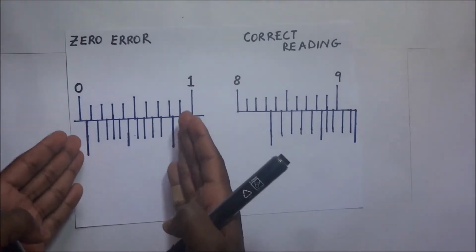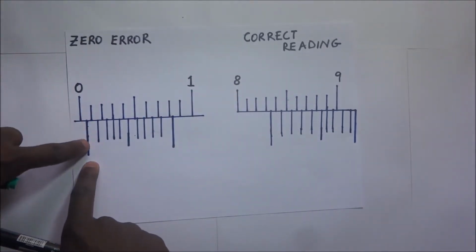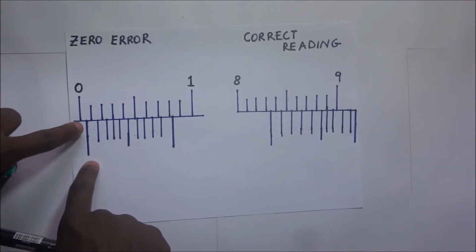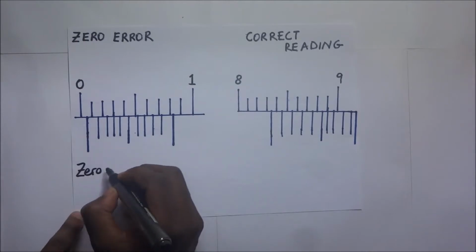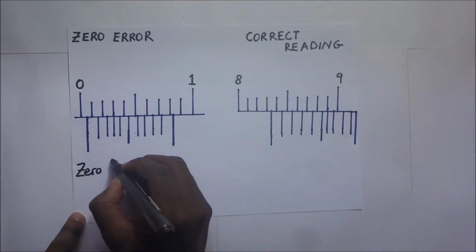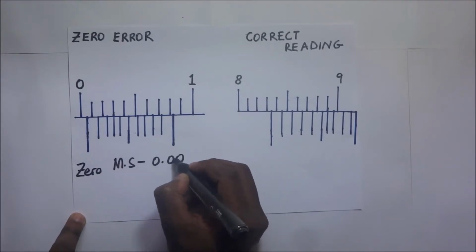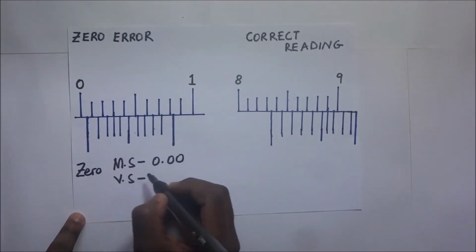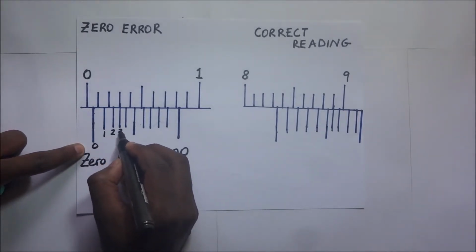So this is the vernier caliper. The jaws are fully closed. When the jaws are fully closed, it is registering a reading at the point when it is not supposed to. So it means that this vernier caliper has a zero error. For the zero error, the main scale reading will always be 0.00. Then the vernier scale reading: we have 0, 1, 2, 3.